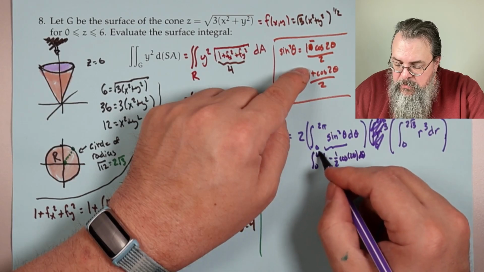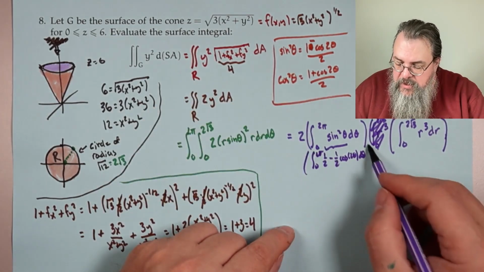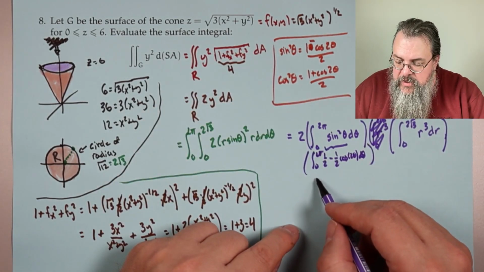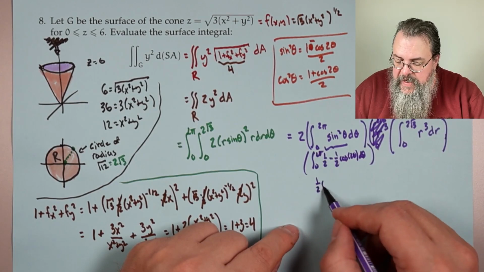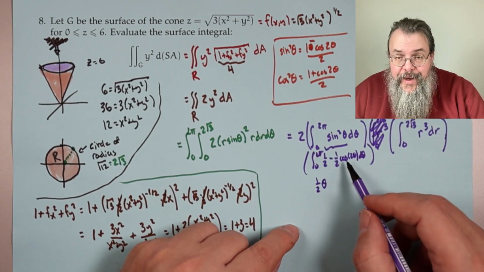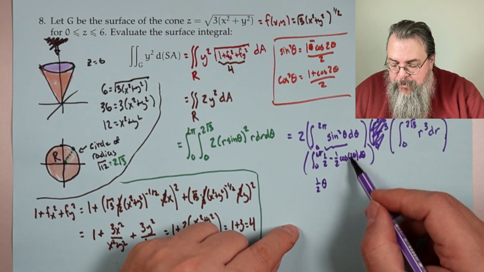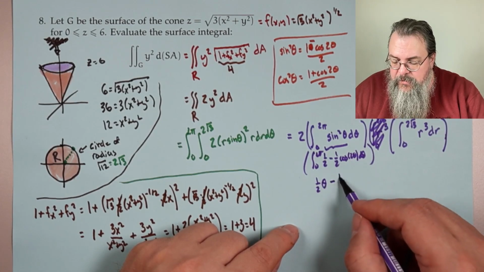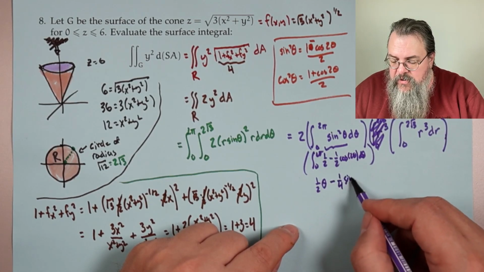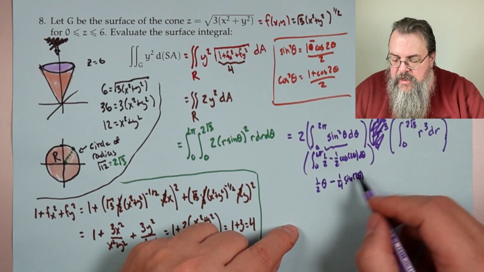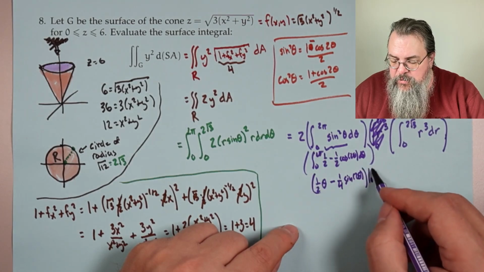Okay, well, that we can integrate. So that's 1/2 theta. Integral of cosine is sine. Have to accommodate for that 2. So that divide by 2, 1/4 sine 2 theta. And then you have to plug in from 0 to 2 pi.